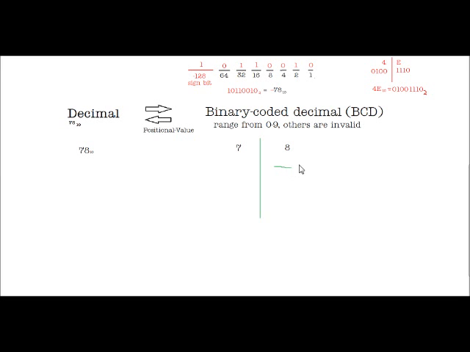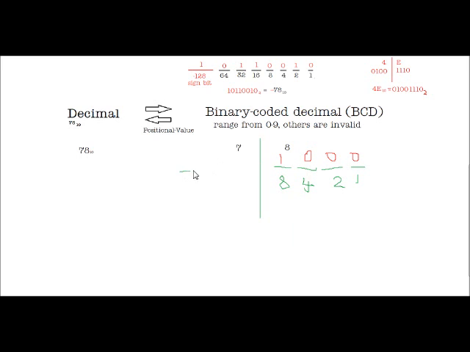To do the binary conversion, again, we use the positional value method. So this is 1, 2, 4, 8. So this will be 1, 0, 0, 0.